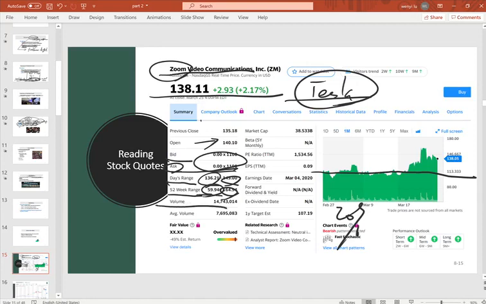This is the trading volume, how many shares are traded in total on the market. And this is the total value of the outstanding shares on the market. This is the P/E ratio, the price to earnings ratio, earnings per share, the earnings announcement date, and also the ex-dividend date. You can see Zoom has not announced any dividends, so Zoom does not pay any dividend to stockholders.